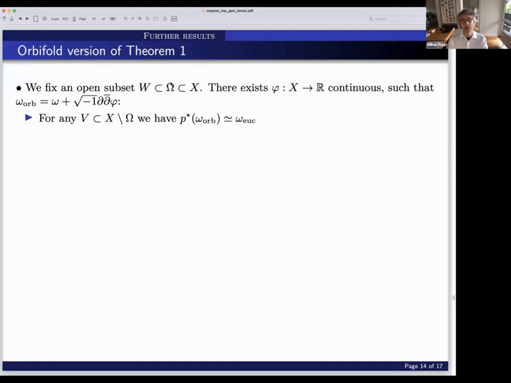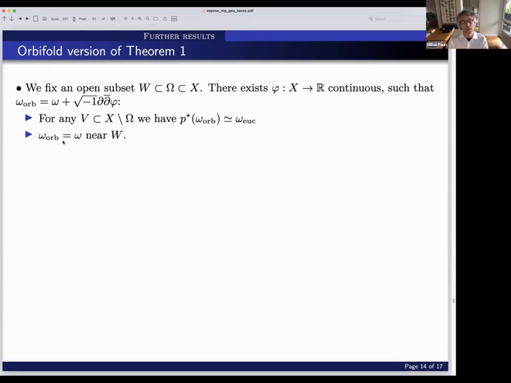Outside the open set Omega, we only have quotient singularities, and I want this object to have orbifold singularities, right? That's a legitimate wish, and we can construct such a phi.